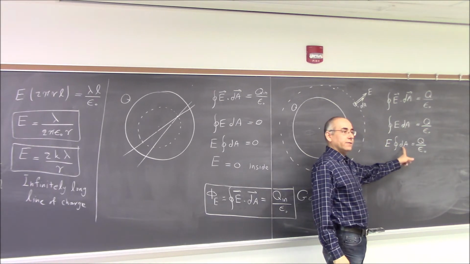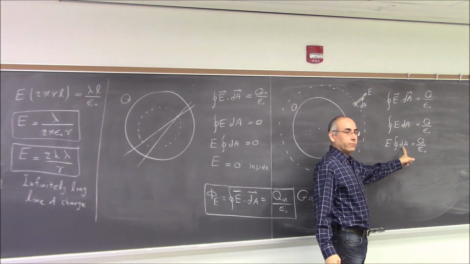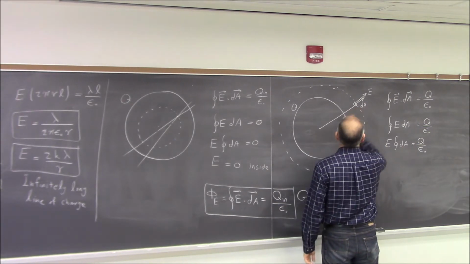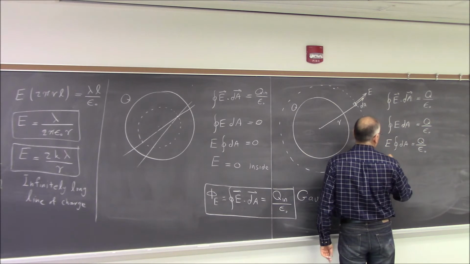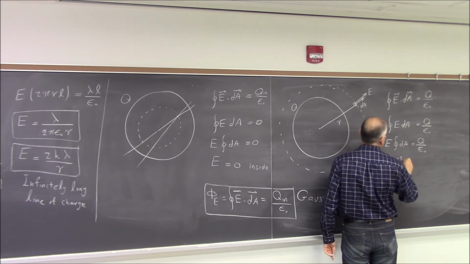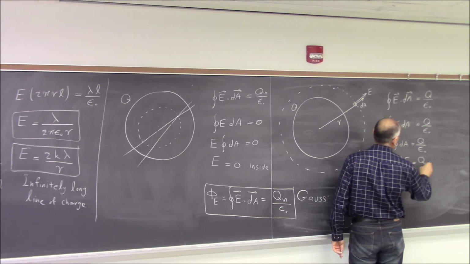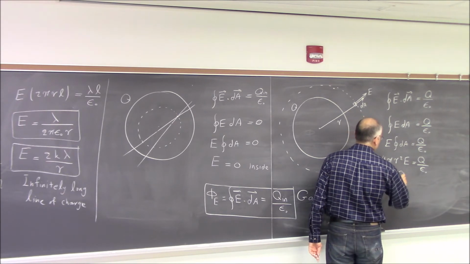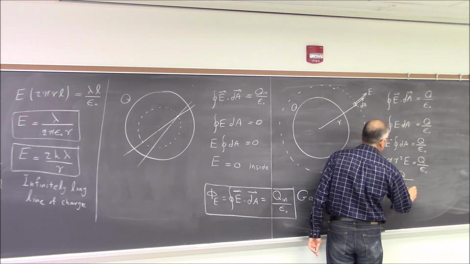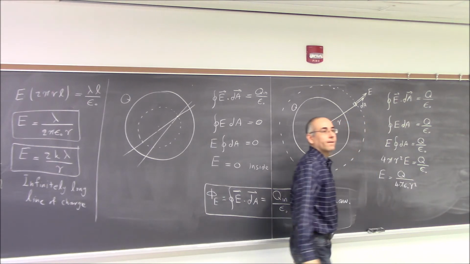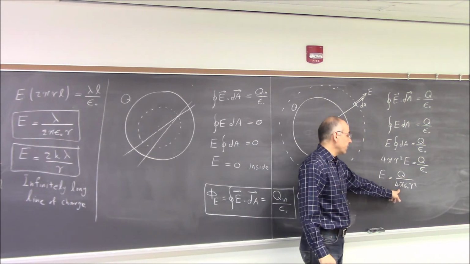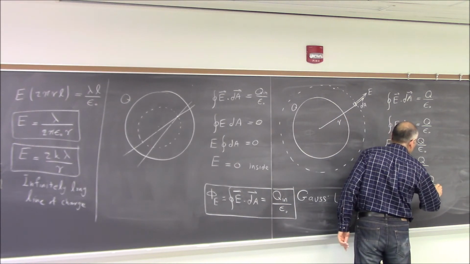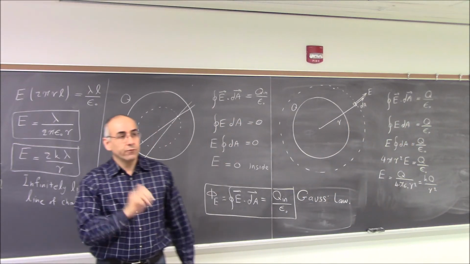And then the integral of dA is just the total area, which is 4 pi r squared, right? Now if you are at distance r, you get 4 pi r squared E equal to Q over epsilon naught. Then E becomes what? Q over 4 pi epsilon naught r squared. And 1 over 4 pi epsilon naught is k, so we can write it as kQ over r squared, which is Coulomb's law for a point charge.